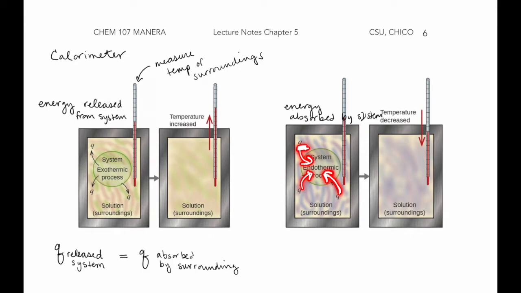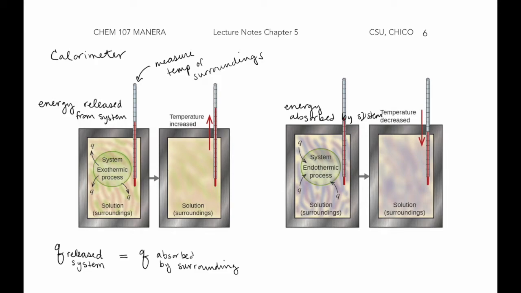It's going into the system, and what that means is if the system is taking energy from the surroundings, then the surroundings will have a lower energy, and you're going to see the temperature decrease as energy is lost by that solution, by the surroundings. So if energy is absorbed into the system, it's being taken from the solution, the surroundings here, and temperature decreases.